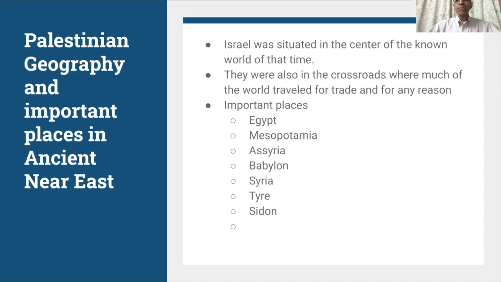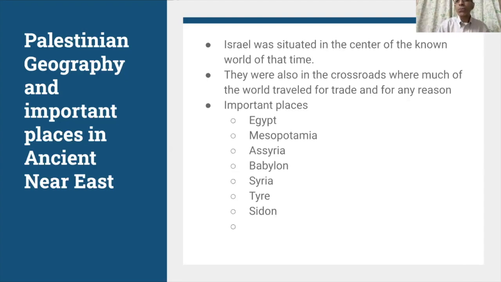We would bring salvation to the world, we would bring peace in the world, we would bring so many things that the world needs today through us. In the same way, God wanted Israel to impact the world of that time. Therefore, he placed them right in the center, right in the crossroads.